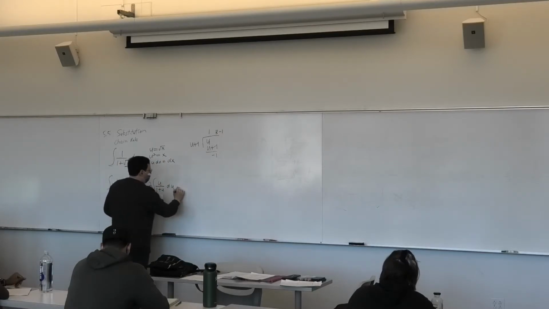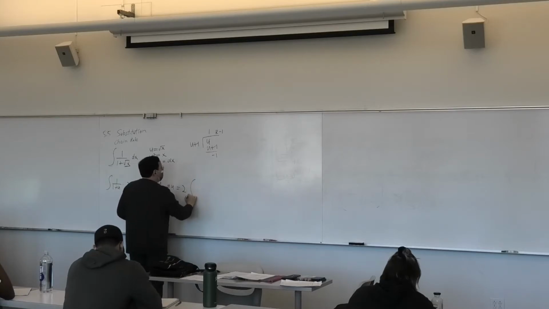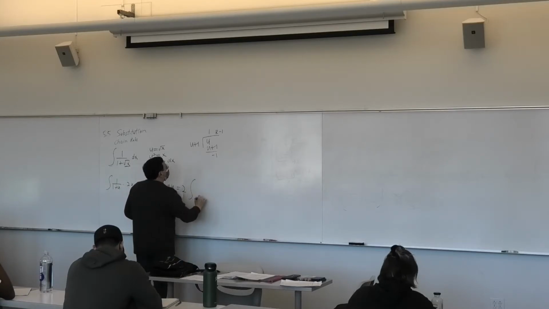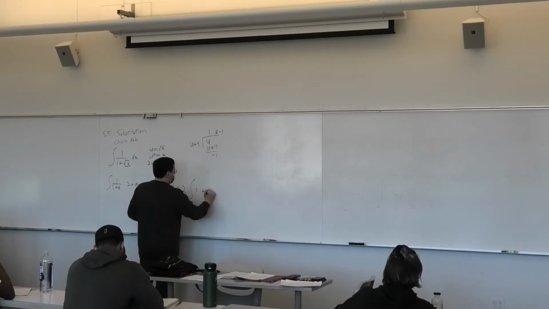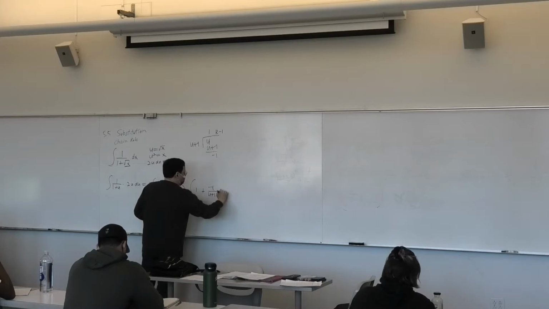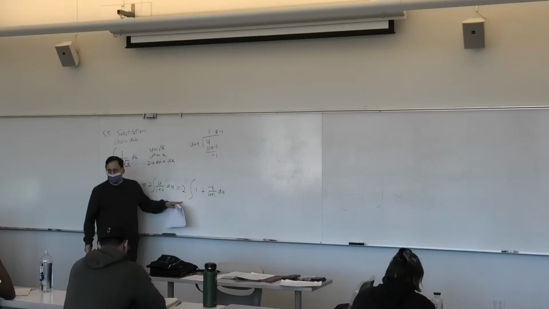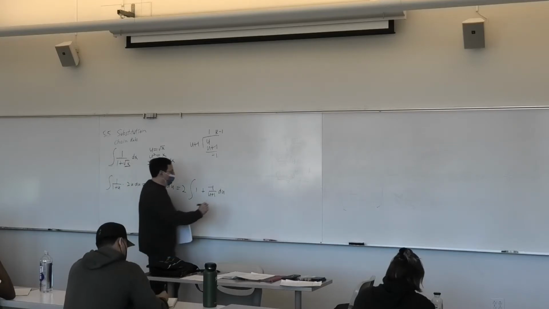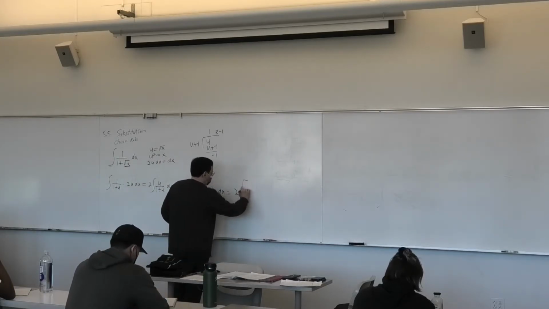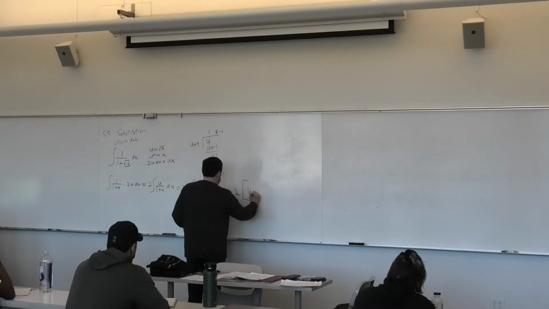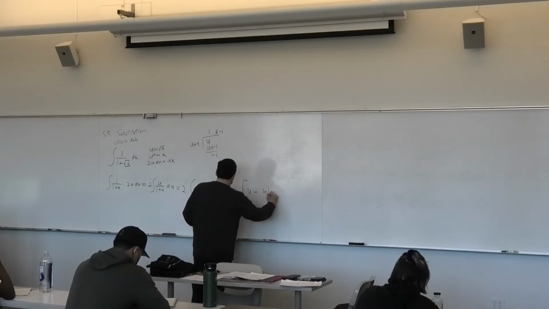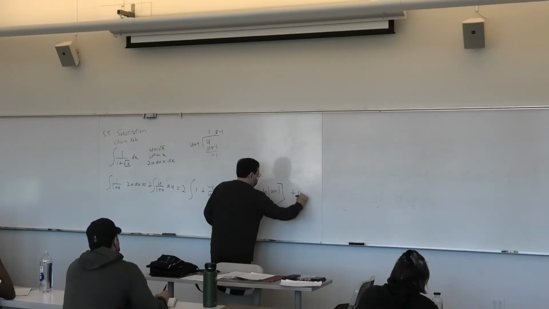So this becomes 2 times the integral of 1 plus minus 1 over u plus 1. And now this is starting to look like familiar territory here. This becomes u minus log absolute value of u plus 1 plus a constant.